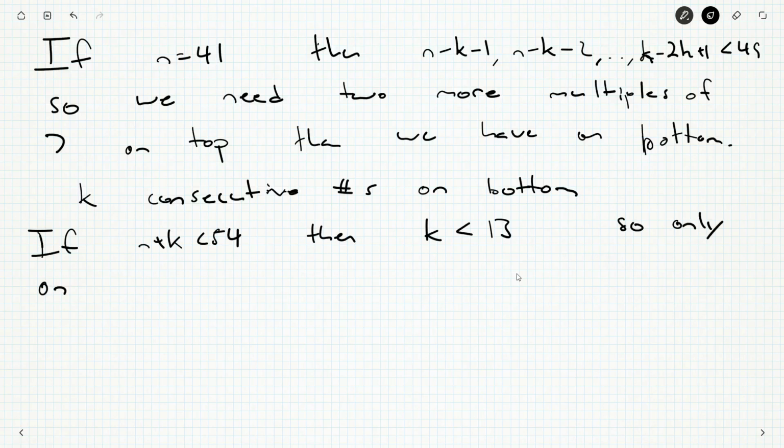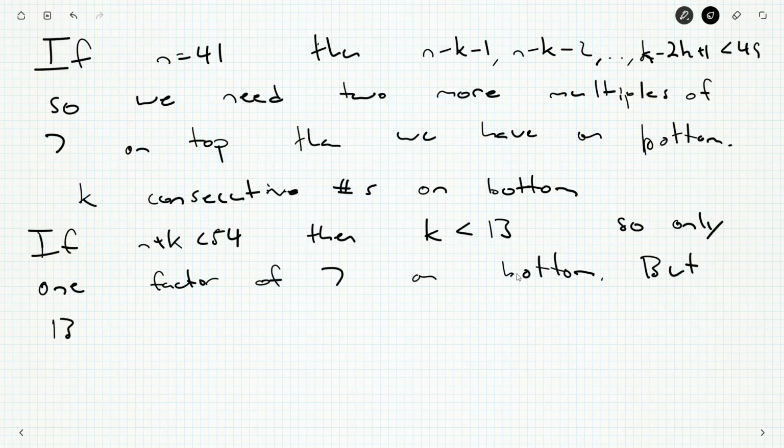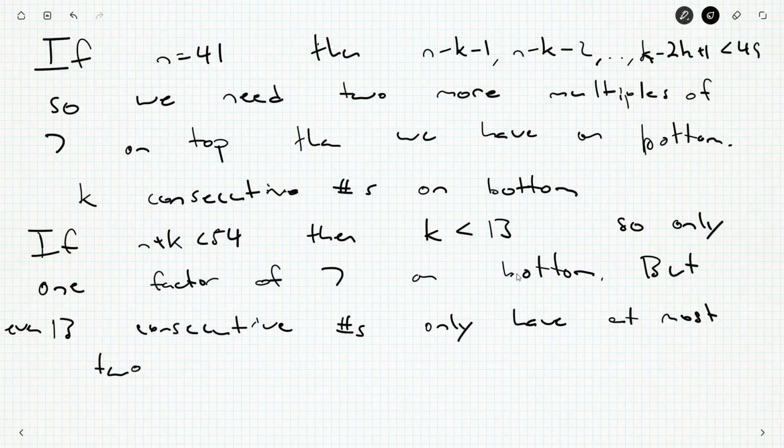So only one factor of 7 on bottom. But even 13 consecutive numbers only have at most two multiples of 7.